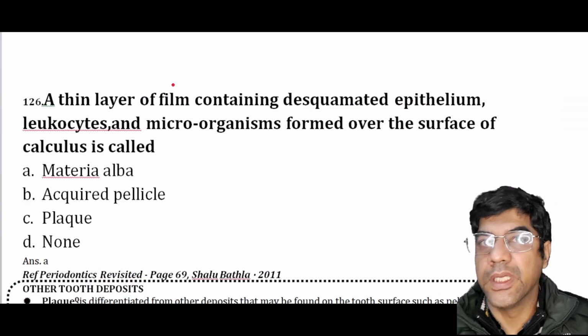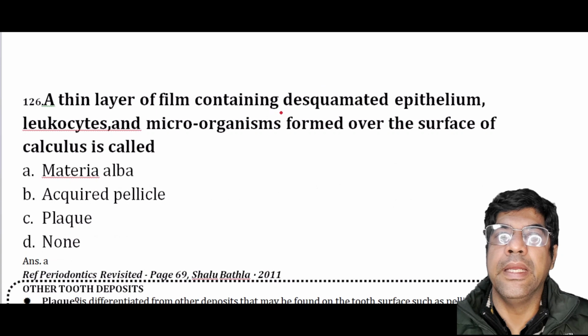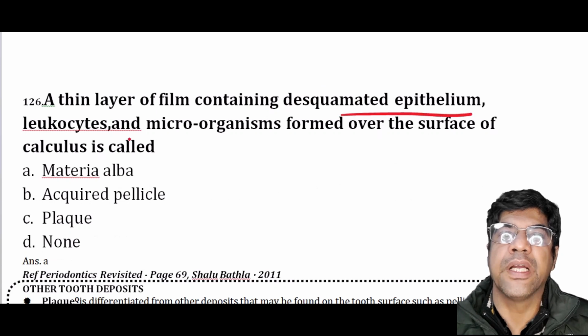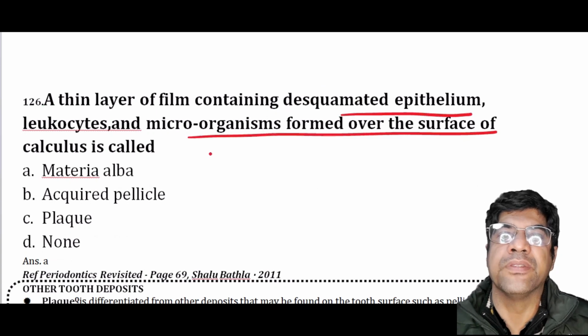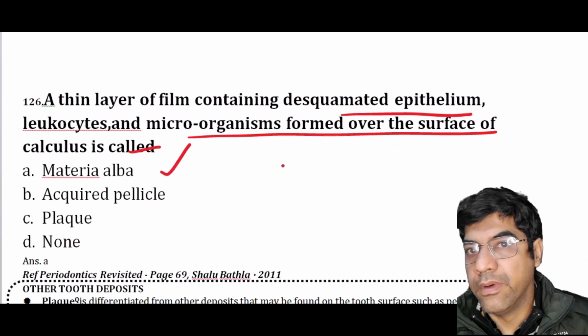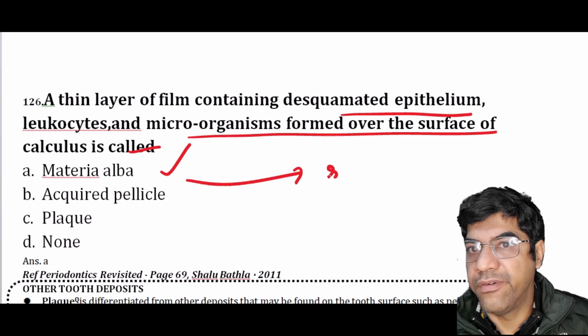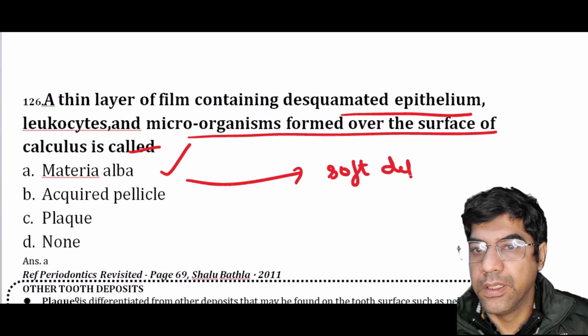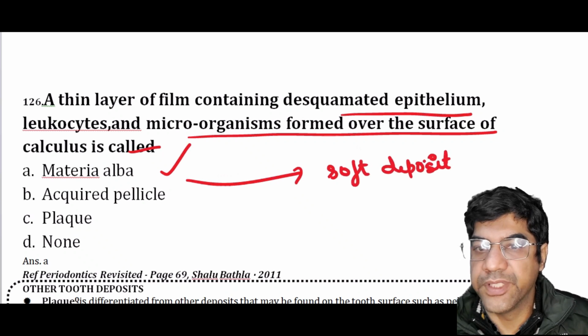Coming to the next question, a thin layer of film containing desquamated epithelium, leukocytes and microorganisms formed over surface of calculus. It is a materia alba. Materia alba, it's a soft deposit that forms on the tooth surface.